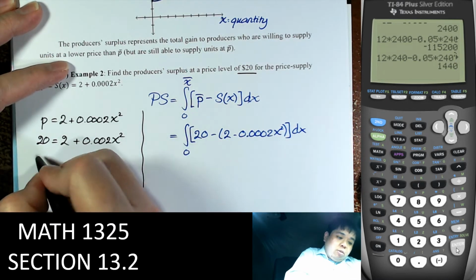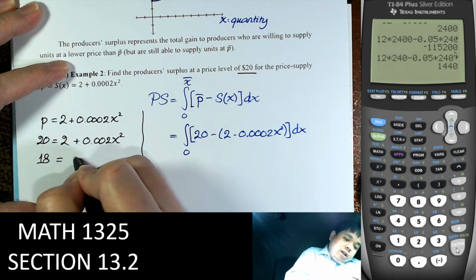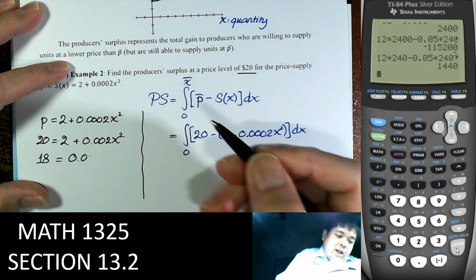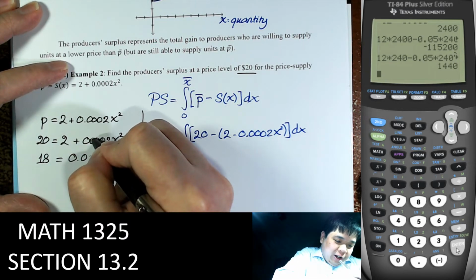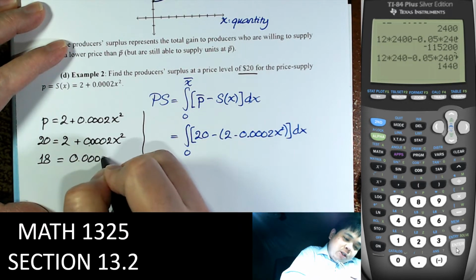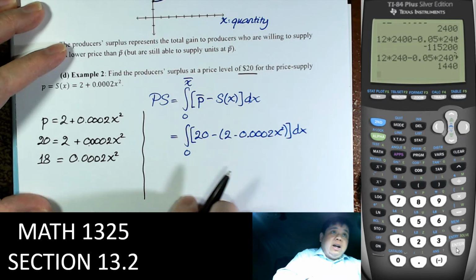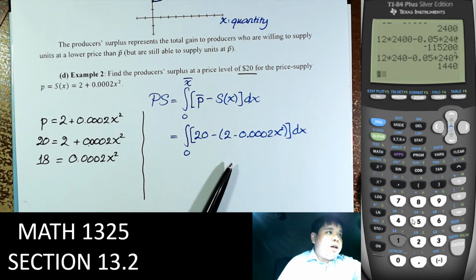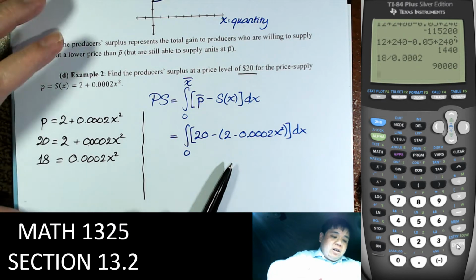Now, this is equal to 20. Subtract 2 on both sides, we have 18 equal to 0.0002 times x squared. Then divide by that. So 18 divided by 0.0002, we have 90,000.